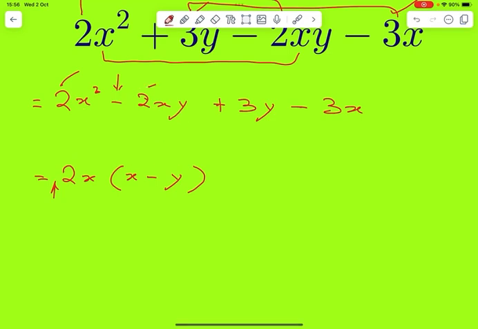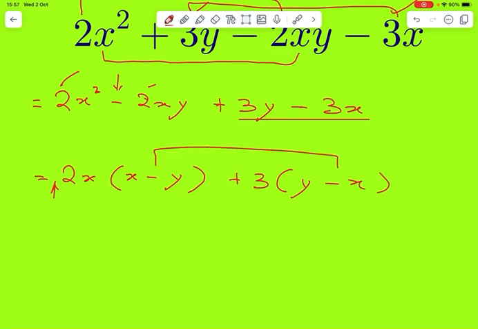And we have 3y minus 3x. This is a little bit of a problem, because imagine if you take plus 3 out, and y minus x, it doesn't look good, right? We are tempted to factorize x minus y, but when we do this, we get a problem. So what can we do?